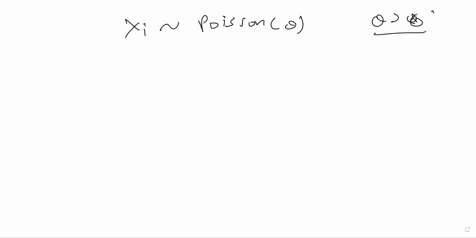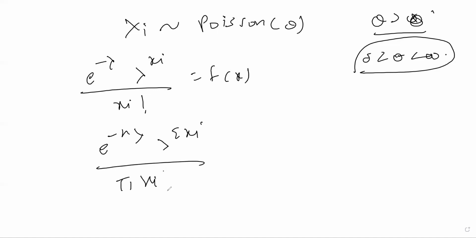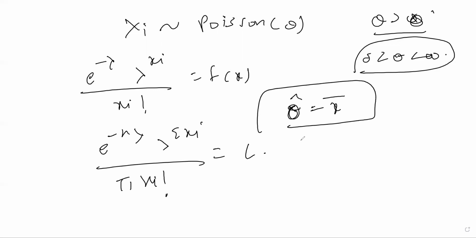Now suppose the sample follows a Poisson distribution with parameter theta. You know that theta can be greater than 0, like theta in (0, infinity). For this case, you will get the MLE of theta as x bar after solving del log L upon del theta equal to 0.